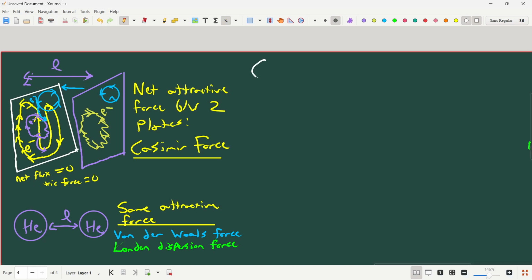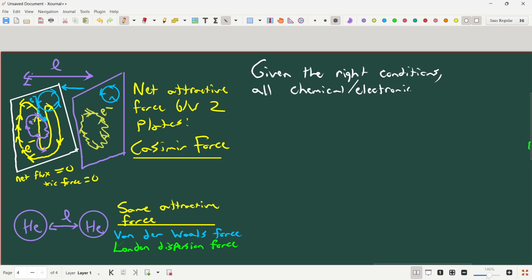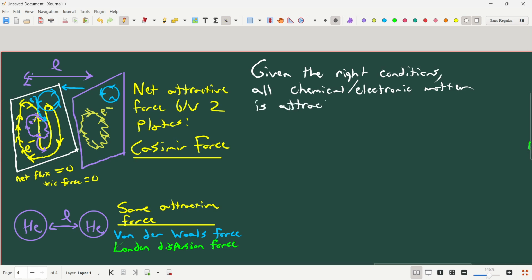that given the right conditions, all chemical matter, actually all electronic matter, anything with electrons, is attracted to itself, or is attractive to itself or others.